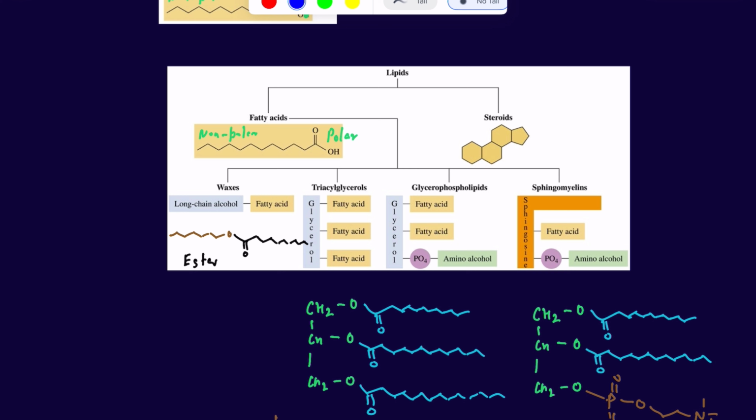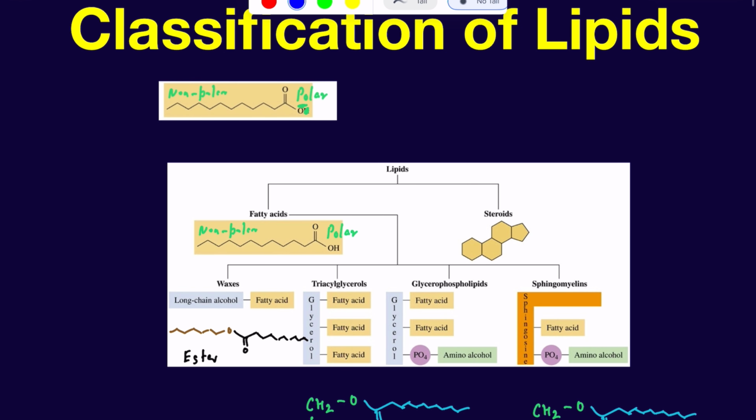Like I said, they include a lot of these hormones, including testosterone and cholesterol. You can talk about estrogen and estradiol, progesterone. All these things fall in the category of steroids. So this is the classification of lipids.